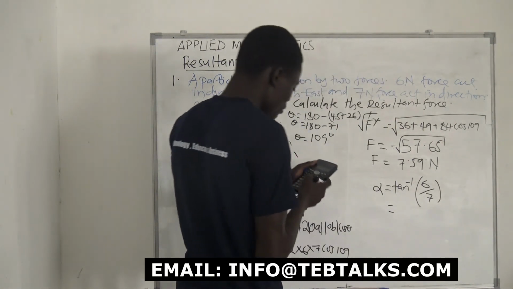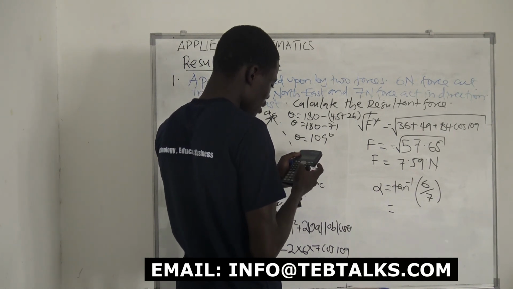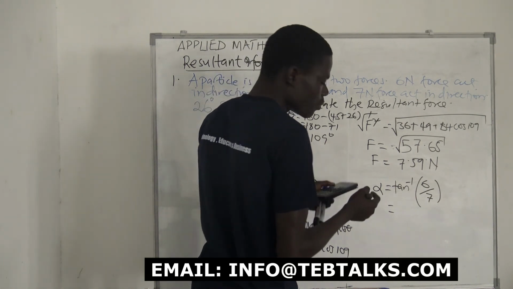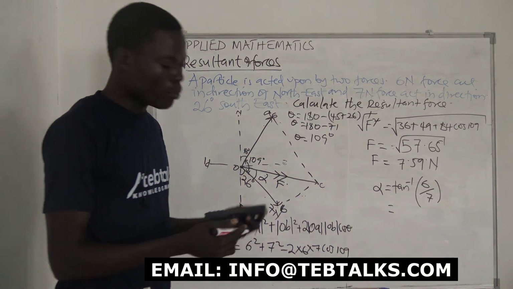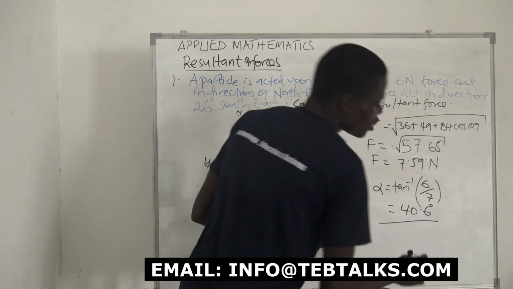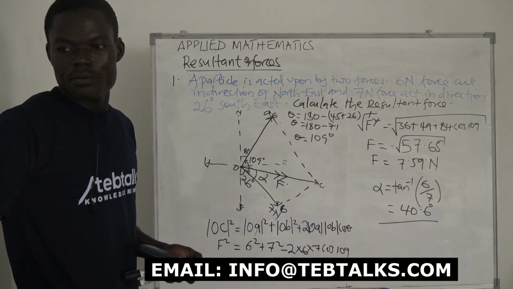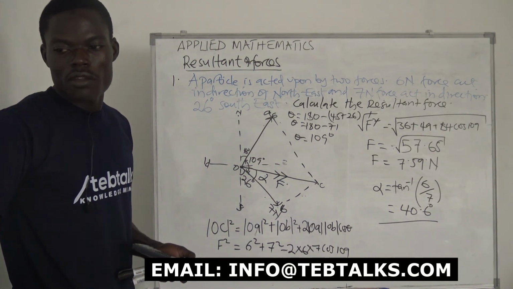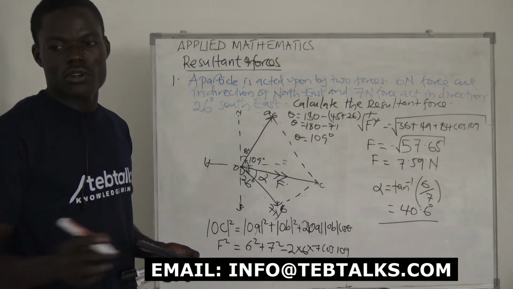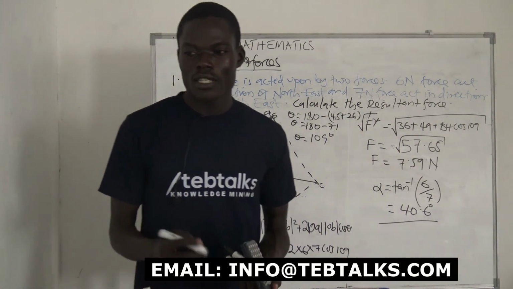So this one becomes tan arc of 6 divided by 7, which is giving us 40.6 degrees. So try to confirm on your calculator if the angle we are getting is the same. So it is acting in that direction. So that's the answer. So let us see ourselves in the next example.